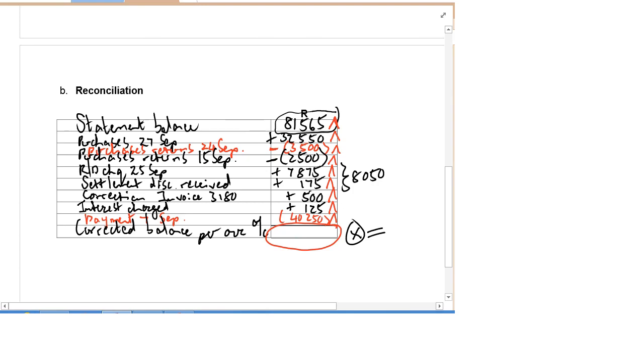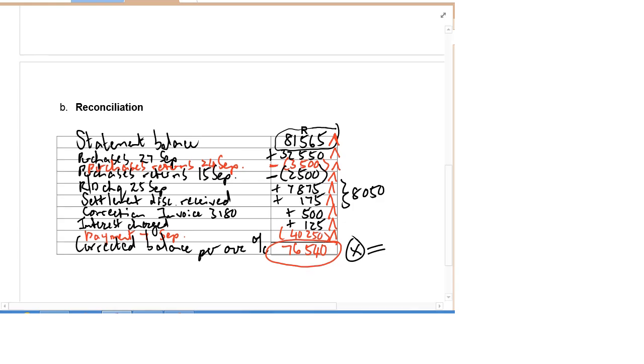If you take this 81,565 and you add and subtract all of the amounts, you get a final amount of 76,540. Now we hope that that is going to be the same balance that is going to appear in our general ledger account, and it should be if we've done everything correctly.